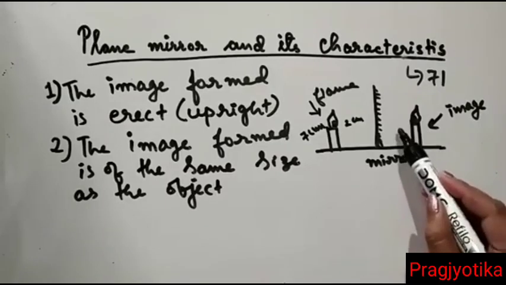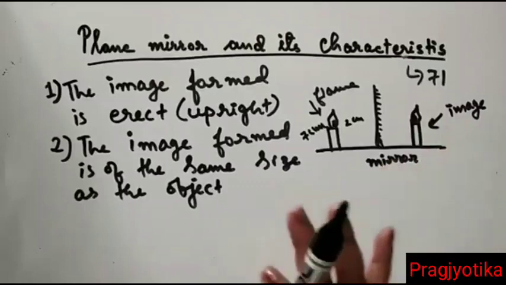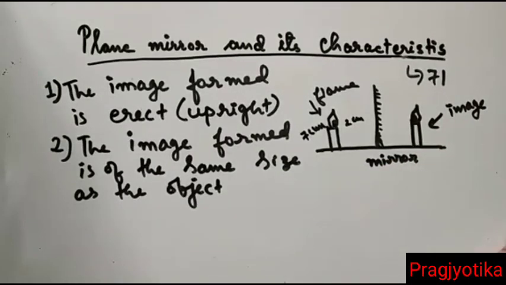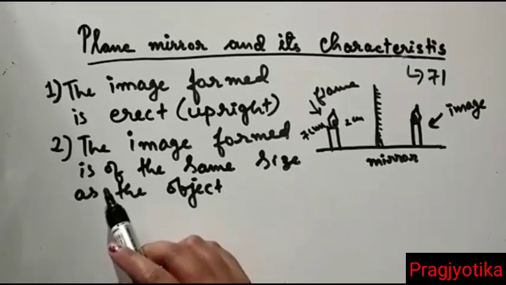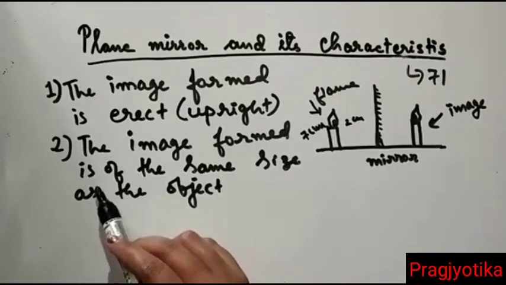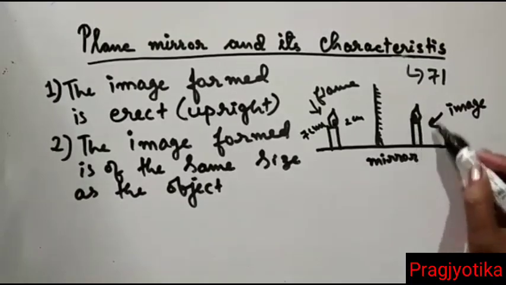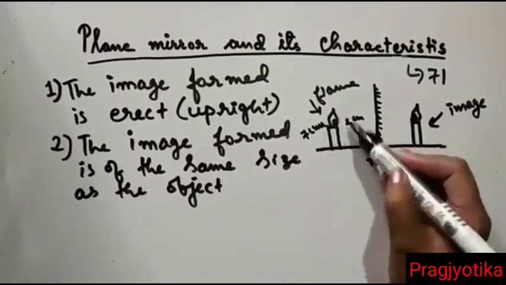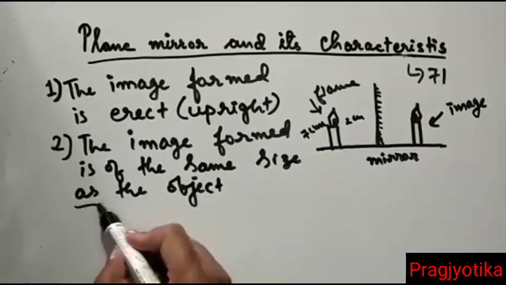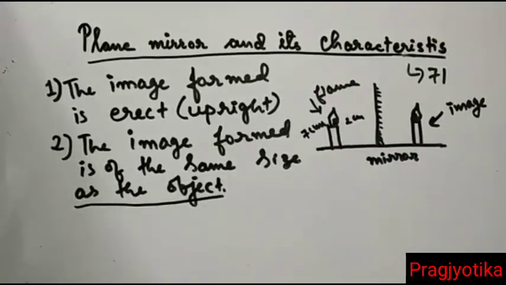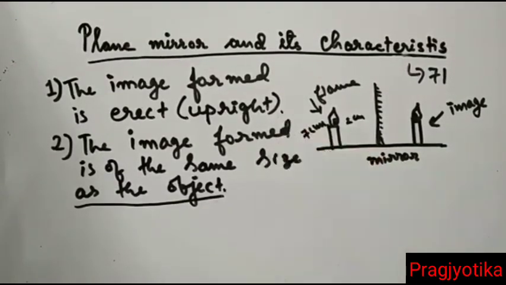That is, its height will be 7 centimeter and its breadth will be 2 centimeter. So their size will always be the same. The image formed by the plane mirror is of the same size as the object. So the size of this image and the size of the object will be the same. This is the second characteristic of the image formed by a plane mirror.